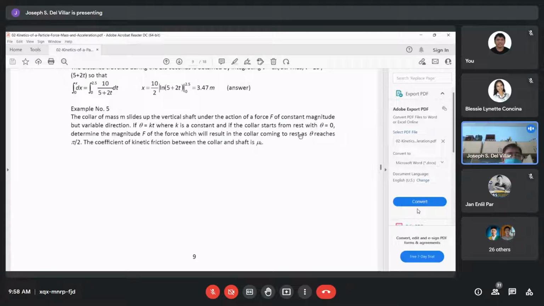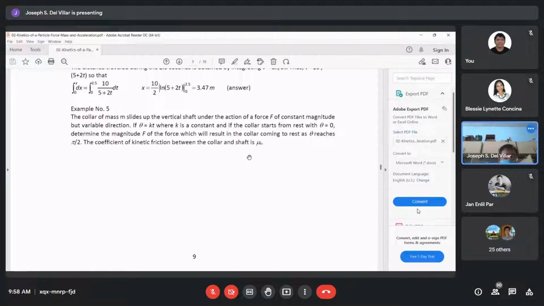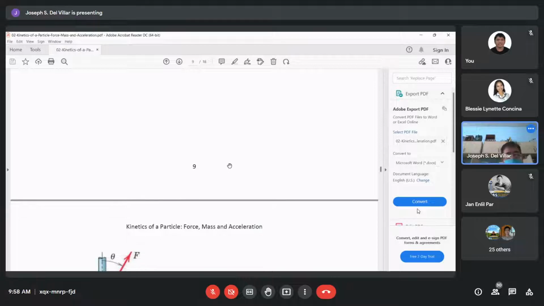And then, the coefficient of kinetic friction between the collar and the shaft is mu sub k. That is the coefficient of kinetic friction because it is already moving. So the coefficient of friction between the collar and the shaft is designated by mu sub k.